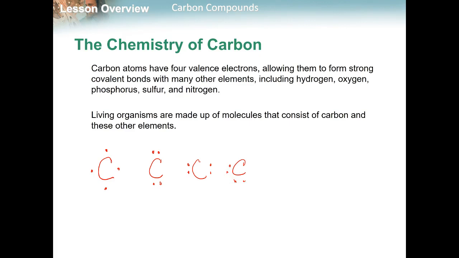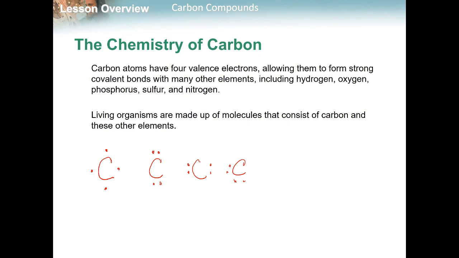Because of those 4 valence electrons, other elements can easily bond with the electrons that are available here. And that's one of the reasons why carbon is such a great molecule for living systems.